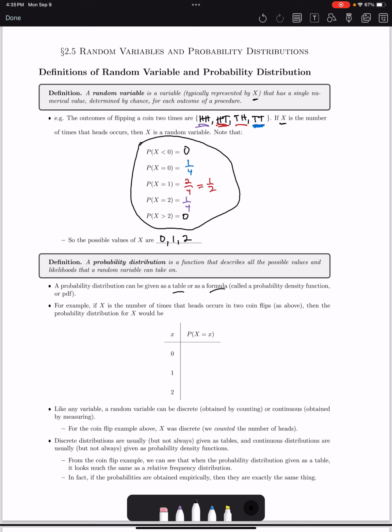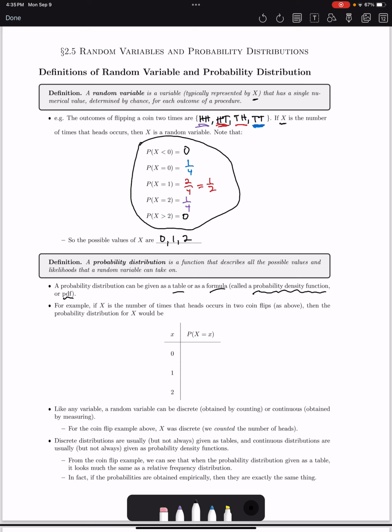And these rules are called probability density functions, or PDFs for short. So for example, if X is the number of times that heads occurs in 2 coin flips as above, then the probability distribution for X would be, we would list off the possible values for X here, together with their corresponding probabilities here, on the other side.